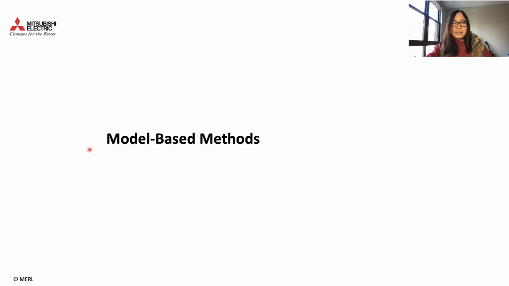So let's first see model-based methods. I know this is an AI workshop, but because we are not doing the inverse scattering by learning an end-to-end neural network, we only replace our forward operator with a neural network in our learning-based method. And everything else, including the optimization procedure for estimating the permittivity map, is the same as what we do in our model-based method.